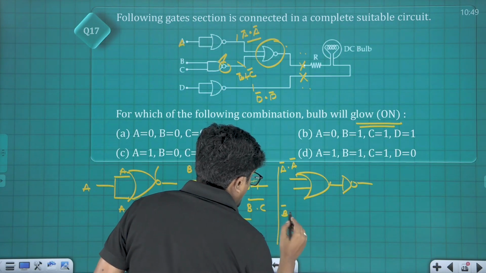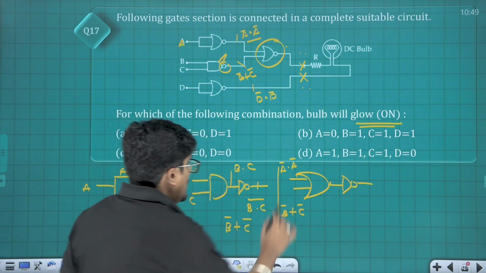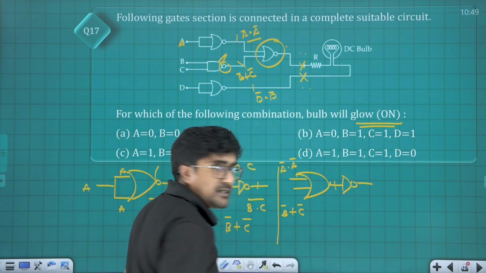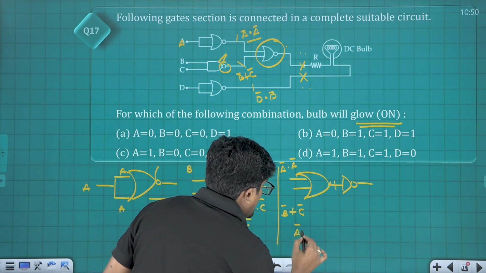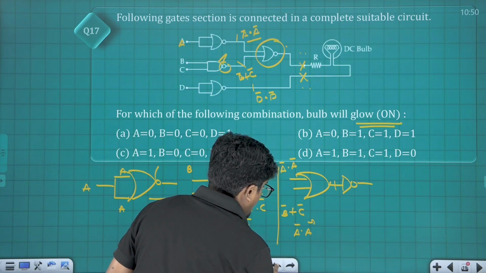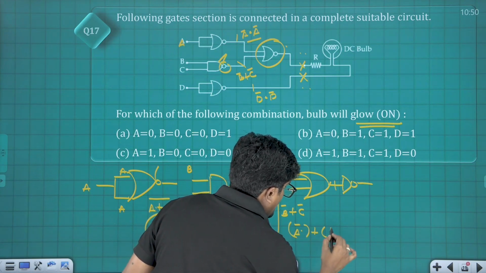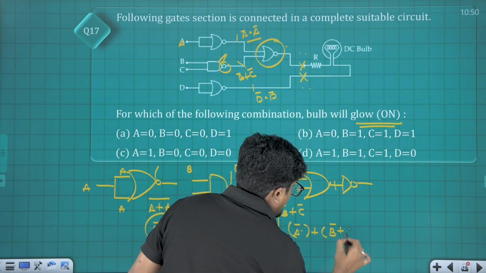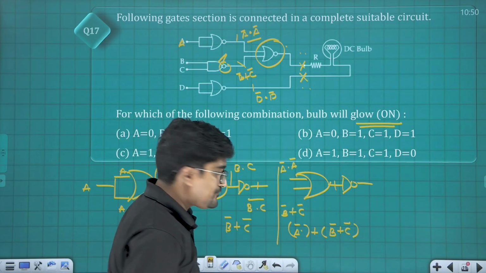Now A bar dot A bar is going to be A bar only. So A bar plus B bar plus C bar is going to be the output here.